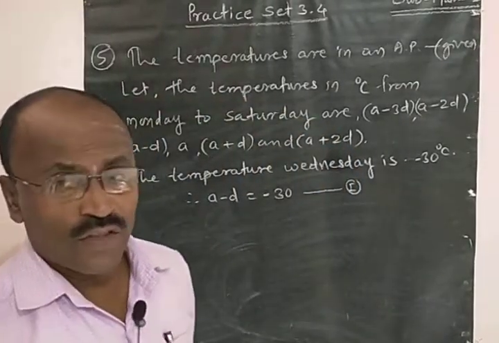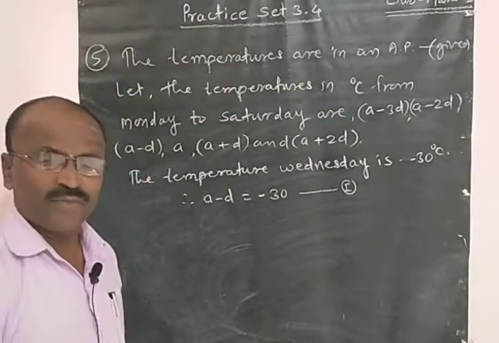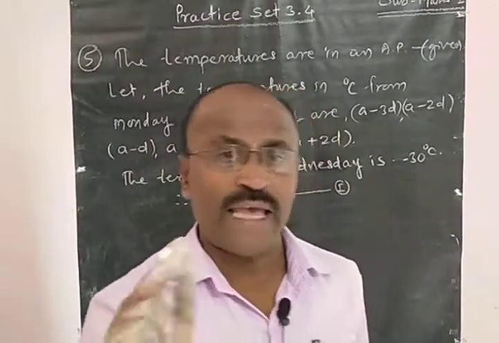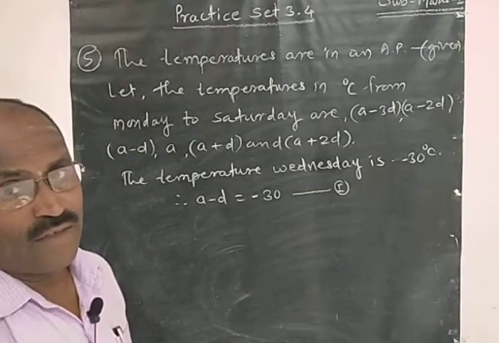Now, the sum of the temperatures of Monday and Saturday is 5 degrees Celsius more than the sum of the temperatures of Tuesday and Saturday.